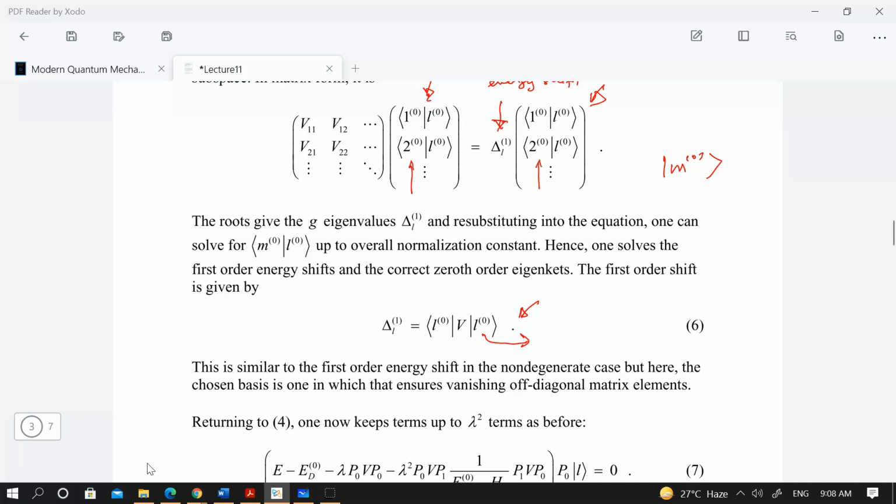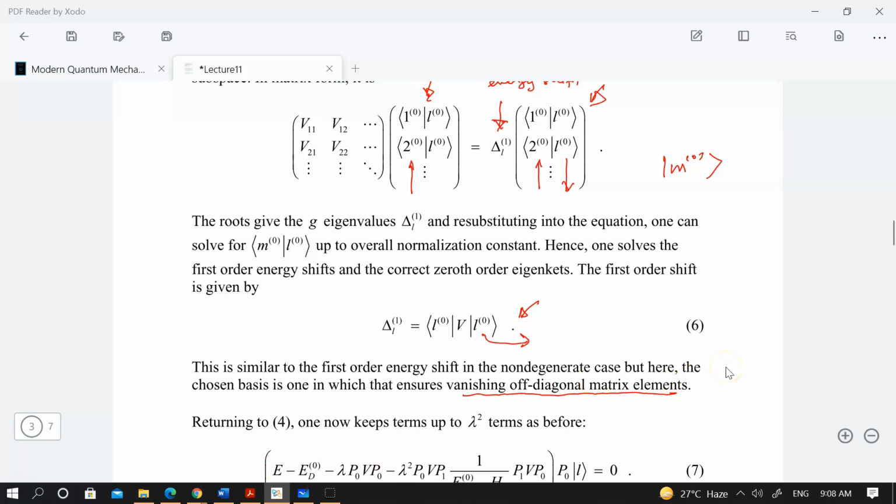But now we are replacing it with this L naught. So by doing so, we want the matrix elements of your potential to have vanishing off-diagonal matrix elements. So it's a bit long-winded a route to take when you do have all this degeneracy.